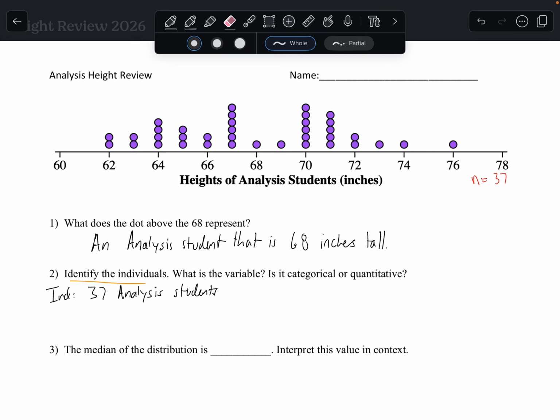And then what's the variable? Remember, variables are questions. There's only one variable here, which is the height of the student. And then is that a categorical or quantitative variable? The variable itself is how tall is the student, or what's the student's height? Again, think about it as a question.